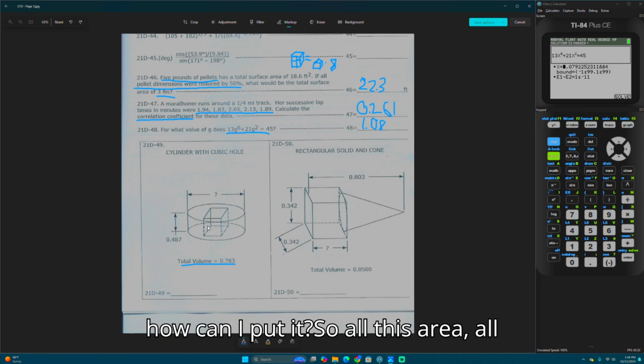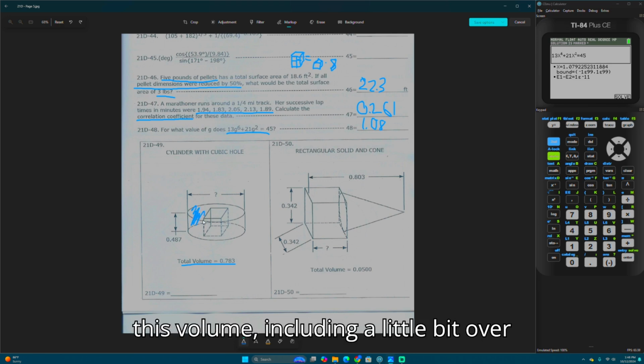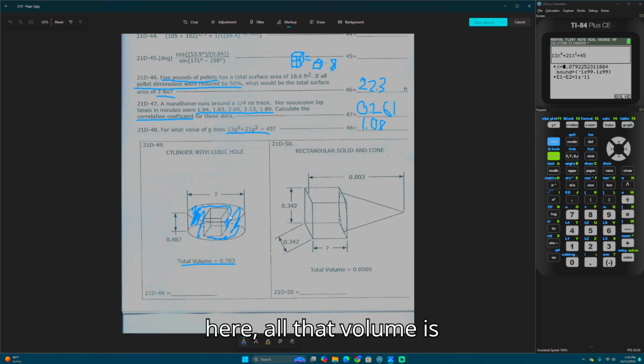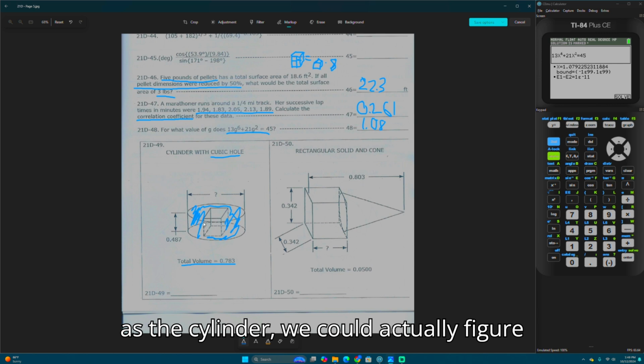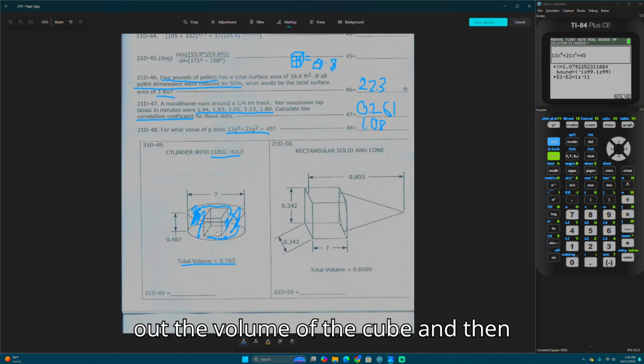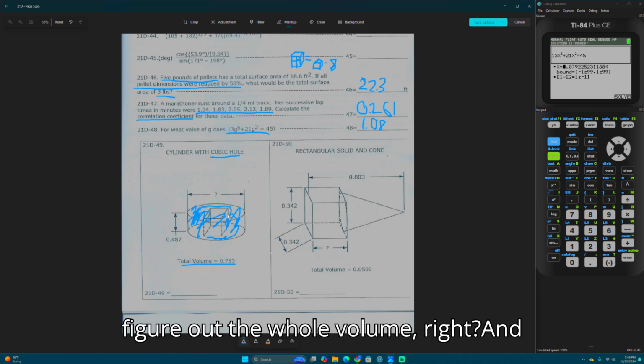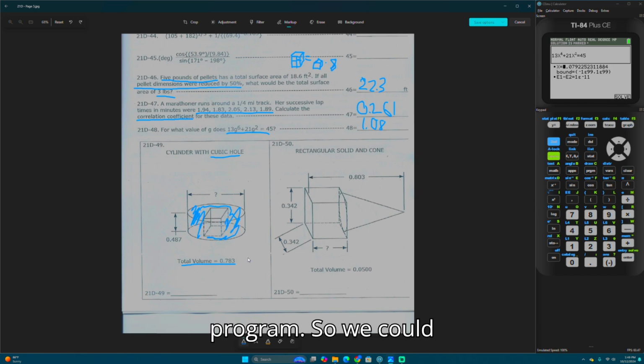All this volume, including a little bit over here, is 7.83. Since we know that it's a cube and it's the same height as the cylinder, we could figure out the volume of the cube and then figure out the whole volume, right? And then we could just use the geomfig program.